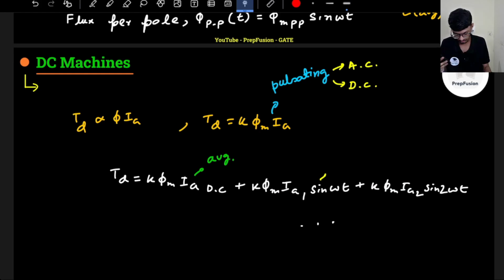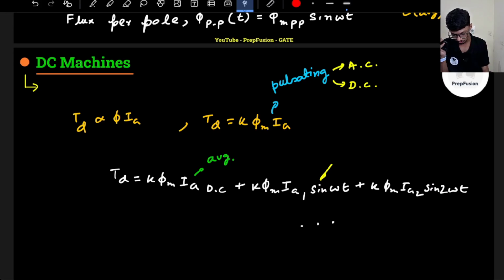Now this component is a constant torque. If I assume my torque direction to be clockwise, it will act in the clockwise direction only, so my phone will rotate clockwise only.